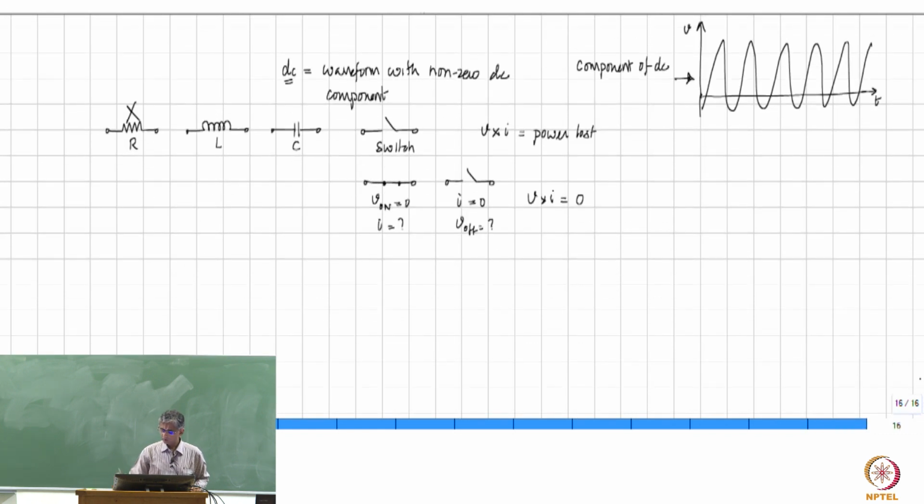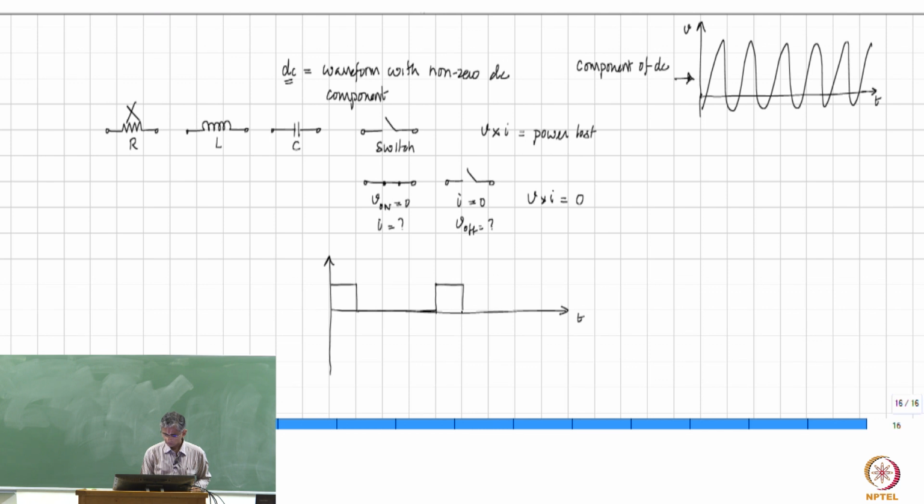What you can do is operate the switch such that it is on for this much duration and off for this much duration.